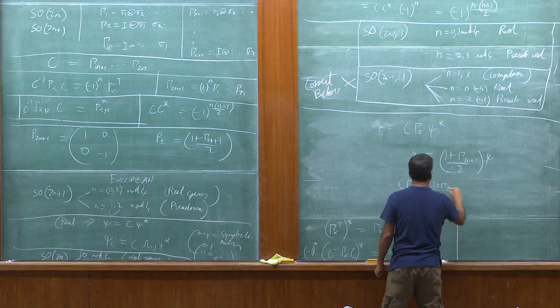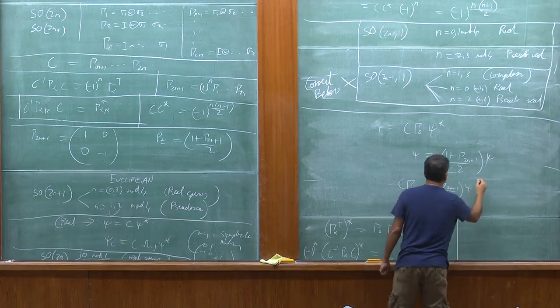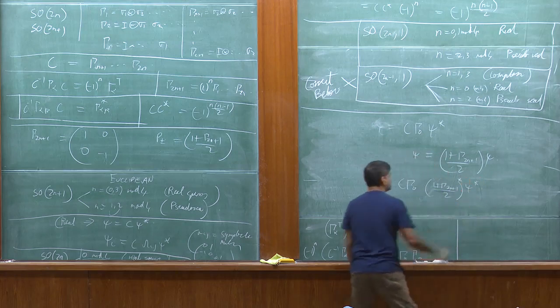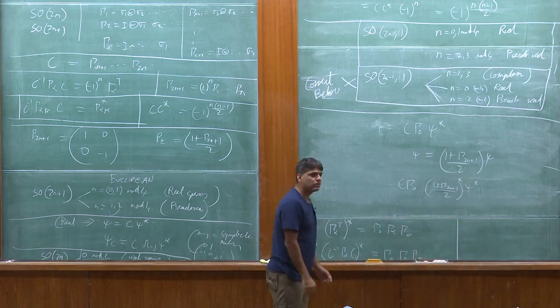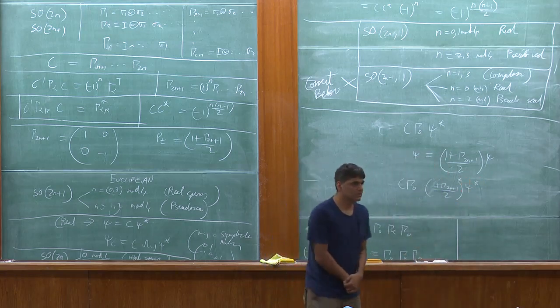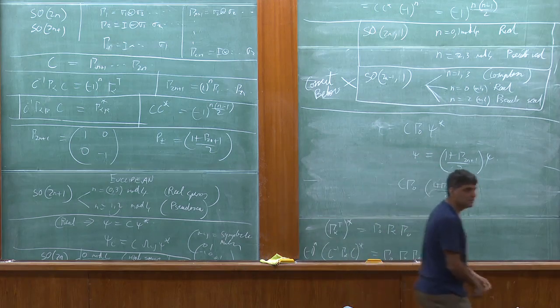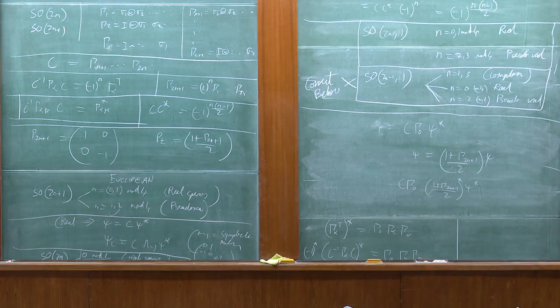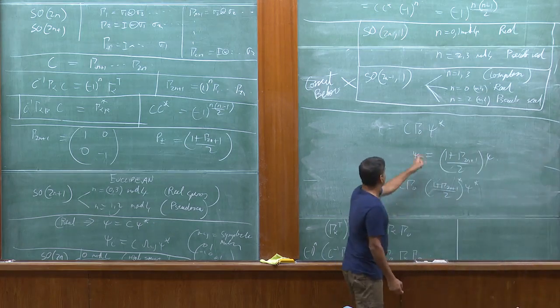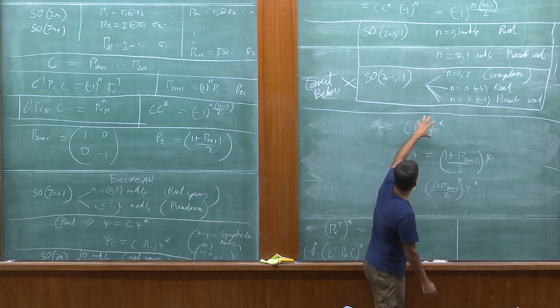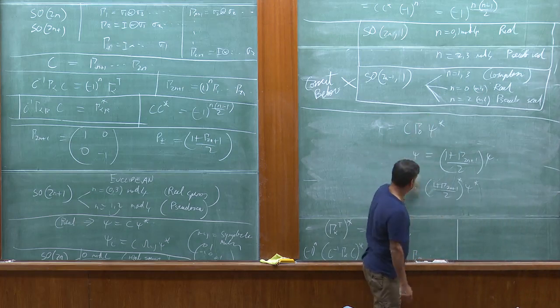Gamma 2n plus 1 is there for SO(2n minus 1)... in even dimensions, it's always there. Understood. So this quantity, if I do this on a chiral spinor, is the same as this.